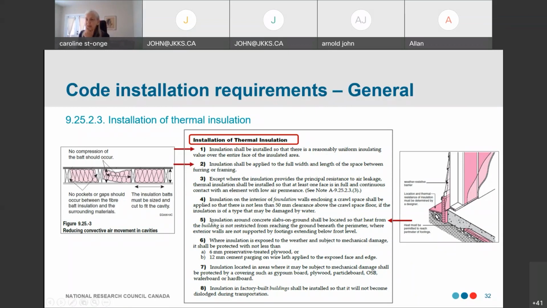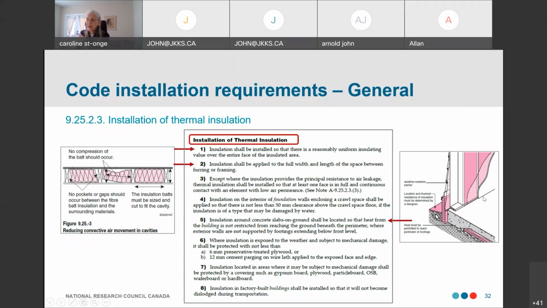And regarding sentence 5, this one is related to insulation around slab on ground, and it says that insulation around concrete slabs on ground shall be located so that heat from the building is not restricted from reaching the ground beneath the perimeter where exterior walls are not supported by footing extending below frost level.